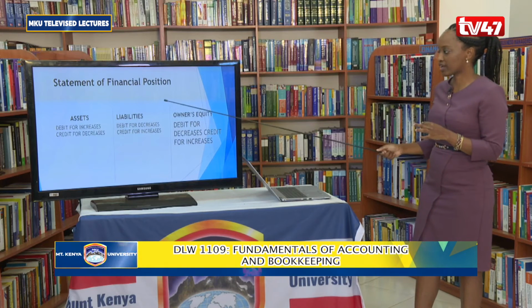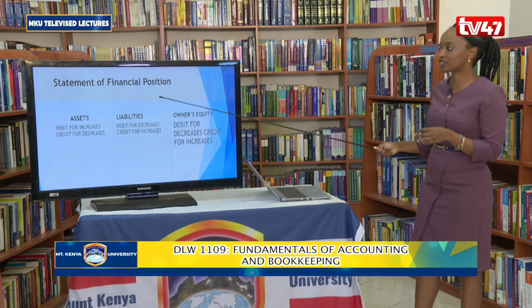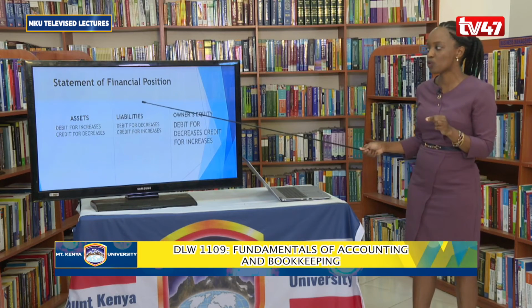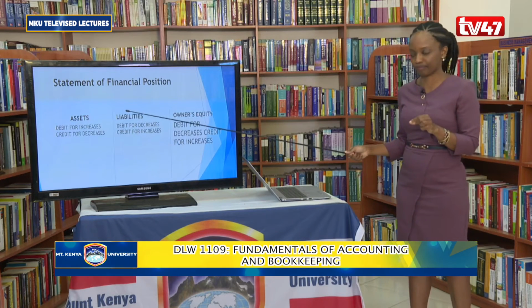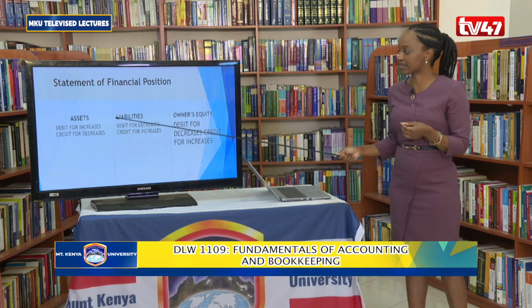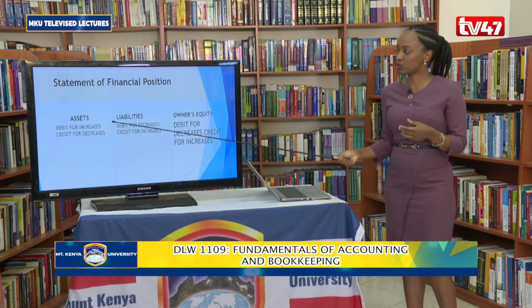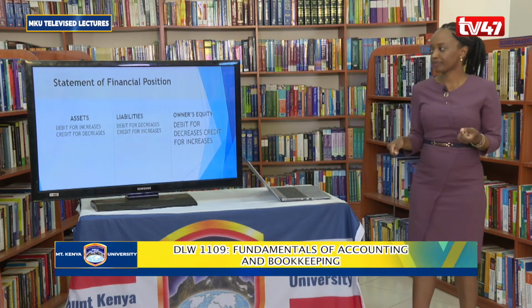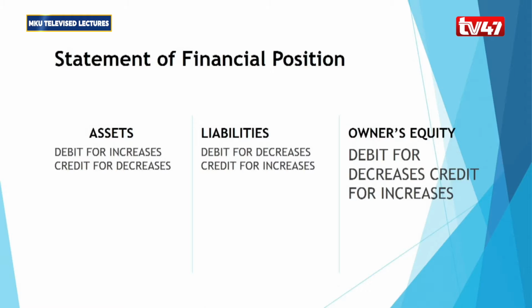Liabilities and owner's equity, on our right-hand side, we are simply focusing on these resources, but who supplied them. So in the first instance, liabilities will simply refer to the external parties, third parties in the organization, while owner's equity or capital, they are simply the owners of that particular business.